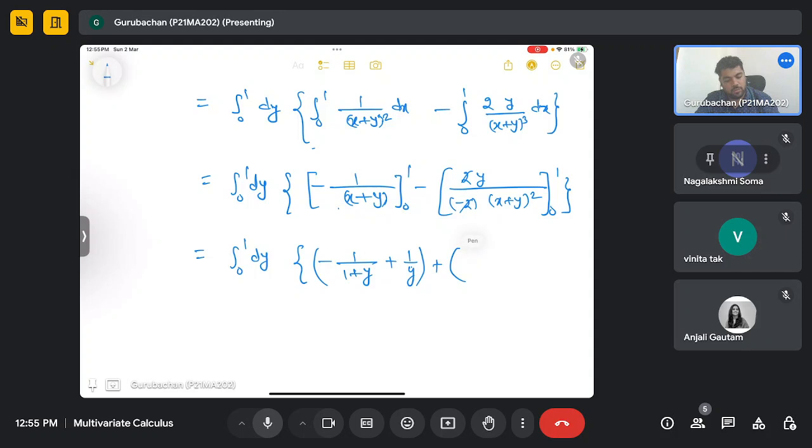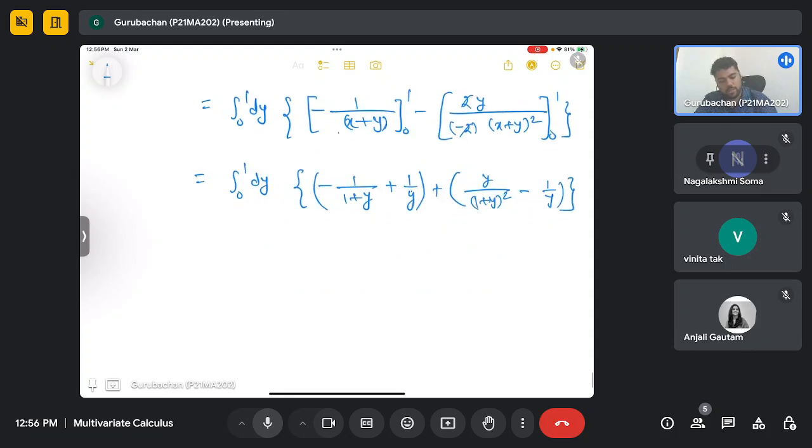So y divided by 1 plus y square minus 1 by y. So from here we can conclude that this will cancel out, and again addition of these two after taking the 1 plus y whole square, it will be nothing but 1 plus y whole square. So this will give us minus 1 by 1 plus y, 0 to 1.